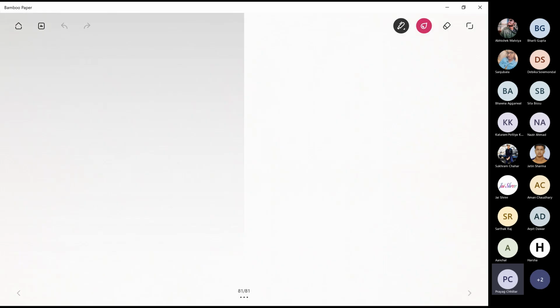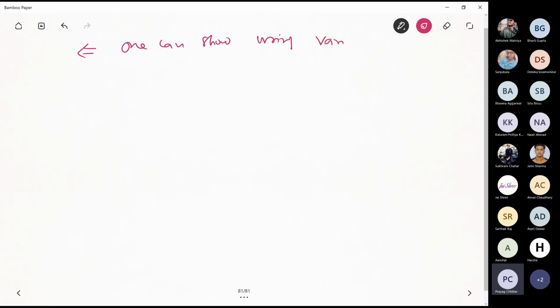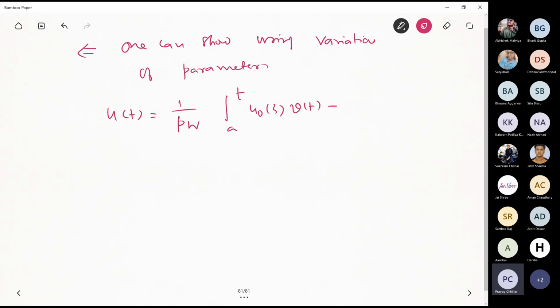On the other side, one can show using the variation of parameters formula that you can write the solution in the form of 1 upon p times the Wronskian, a to t u0 psi into a function v t minus p psi.